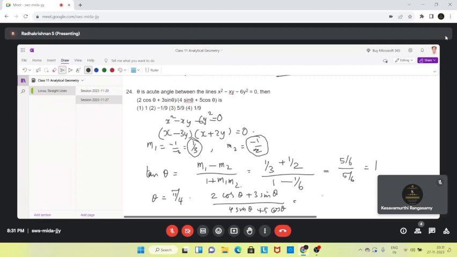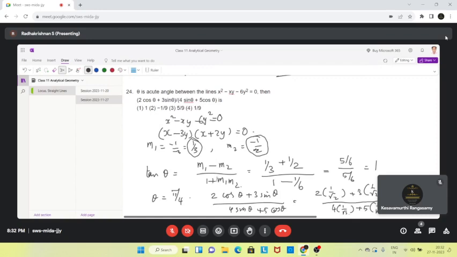So everything is going to be replaced by 1 by root 2. 2 into 1 by root 2 plus 3 into 1 by root 2, divided by 4 into 1 by root 2 plus 5 into 1 by root 2.